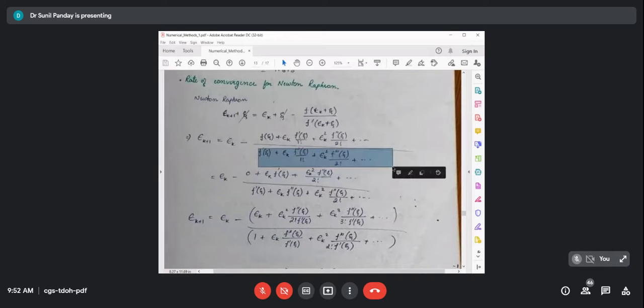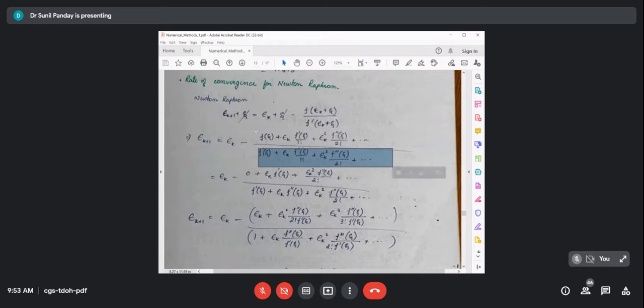So you have to remember this thing. Now in the denominator we are expanding the function f dash about the point xi. So if we do, we will get this one.